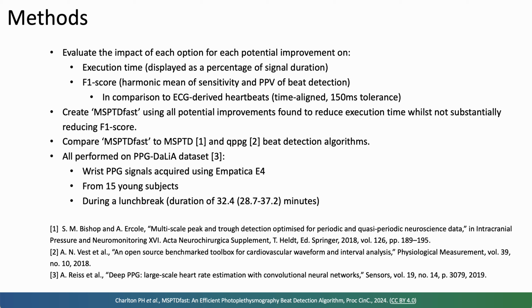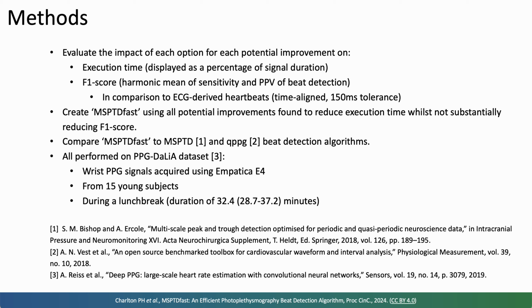To investigate these, we evaluated the impact of each option for each potential improvement on the execution time and the F1 score. That's a combination of sensitivity and positive predictive value indicating the accuracy of beat detection. We then identified those potential improvements which reduced execution time whilst not substantially reducing the F1 score, and incorporated this into MSPTDfast.